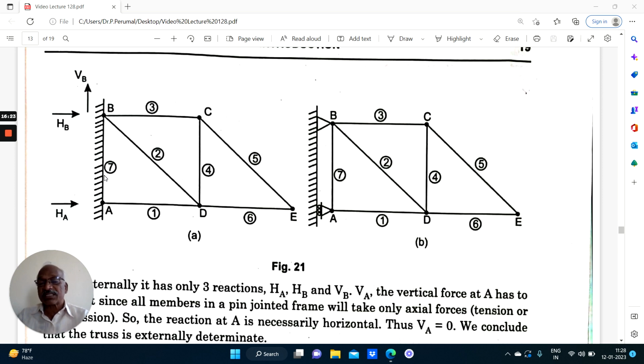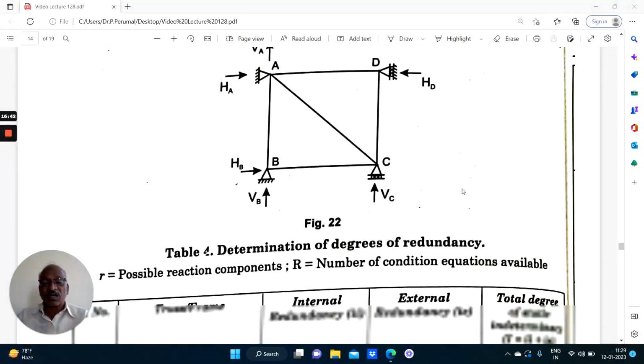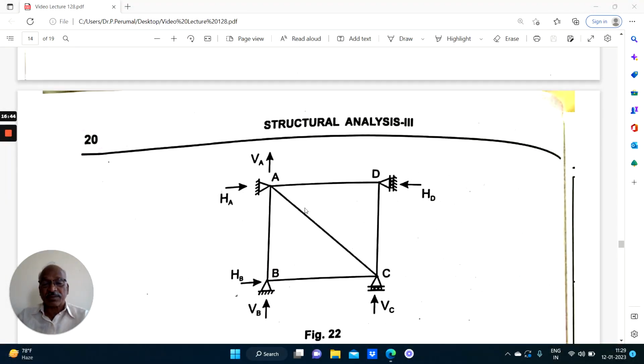There are 6 members. As I told, this need not be considered. There are 6 members, 3 joints. m minus 2j equal to 6 minus 2 into 3 equal to 0. So this is determinate. This is also determinate, all consisting of only basic triangles. It is determinate.